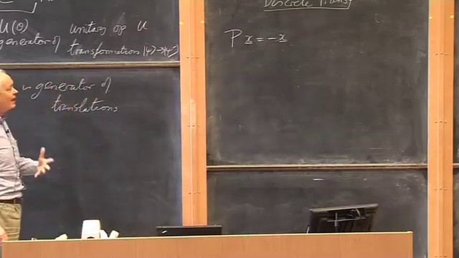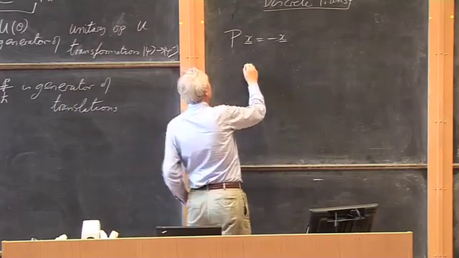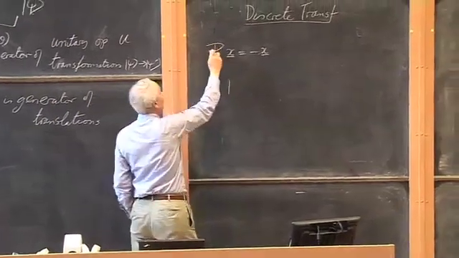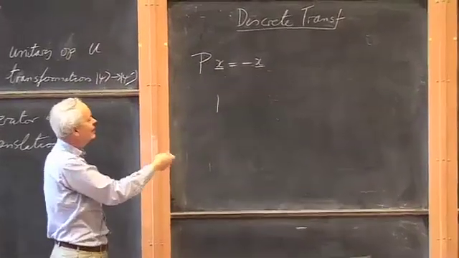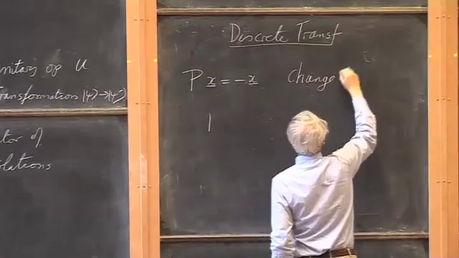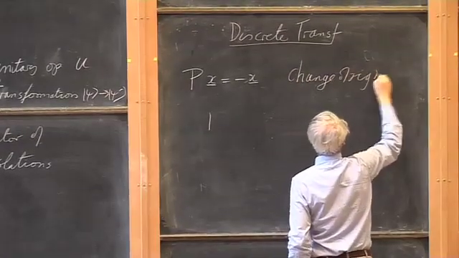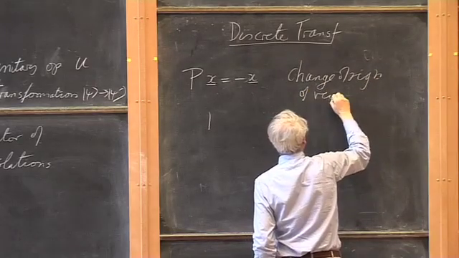So what's the quantum mechanical analog of this? Well, it's this animal. So I'm going to have a long tail on P to imply a classical operator, which simply changes the sign, right? This is classical, and it's just a change of sign of all vectors.